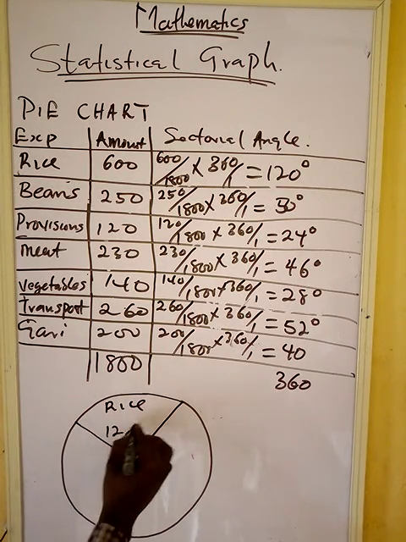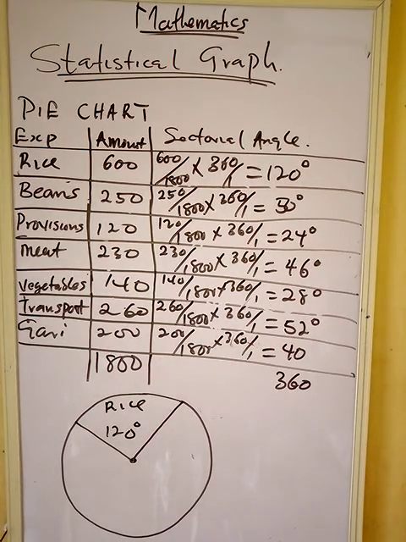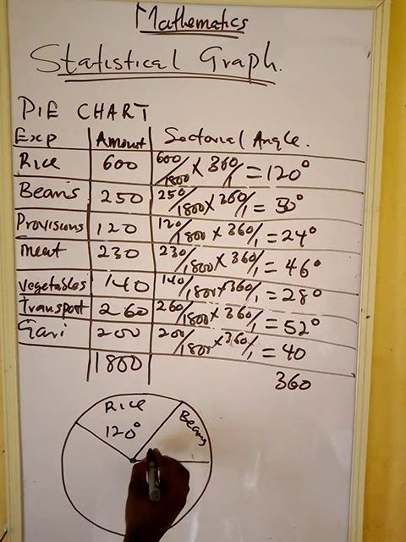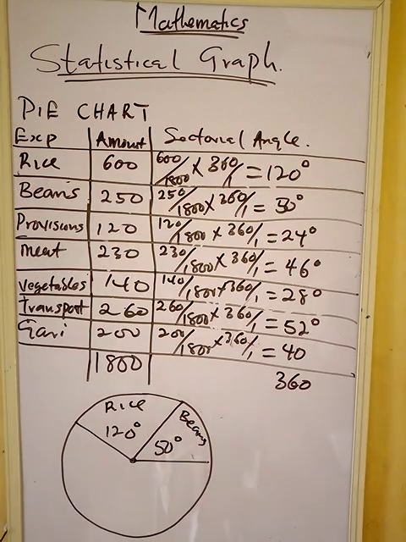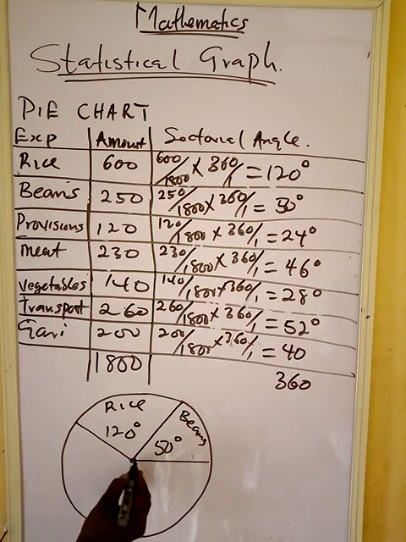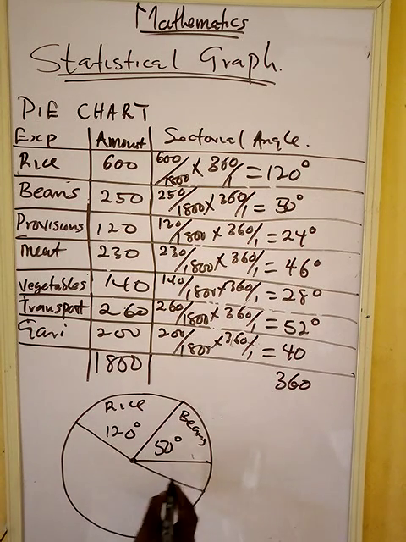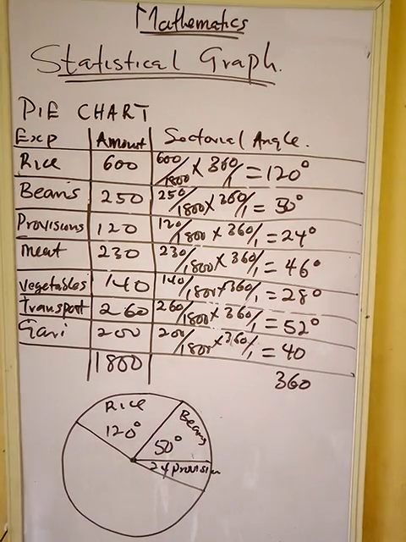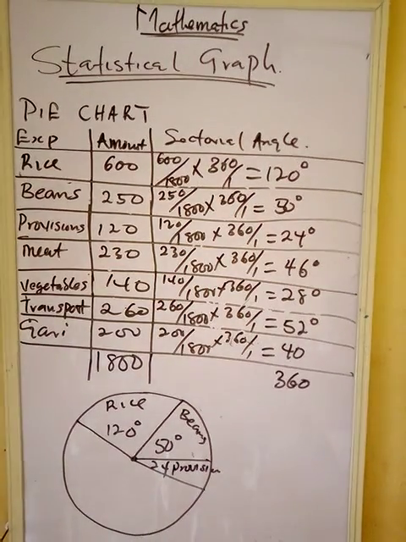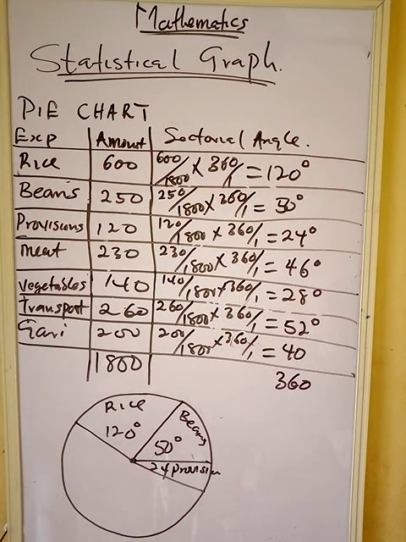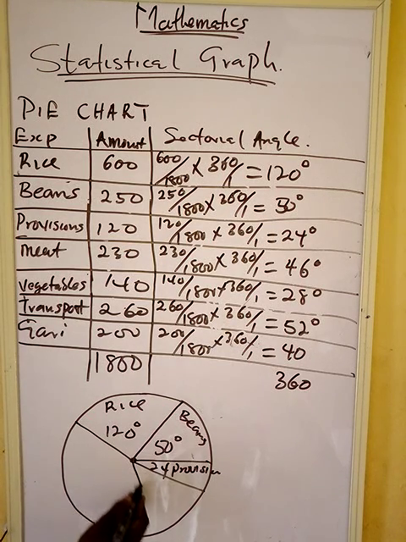Rice is 120 degree. Our beans is 50 degree, followed by beans. Then after beans, followed by provisions. Provision is 24 degree. After provision, what we have next is meat. Meat is 46 degree.